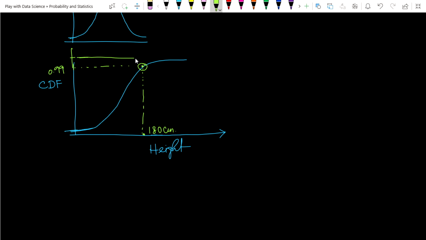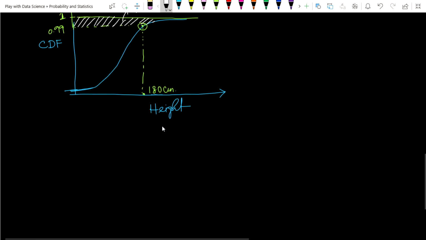So we can conclude that on this region, we have only 1% of the points.